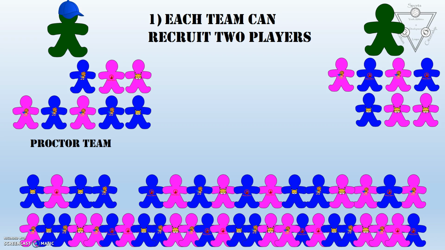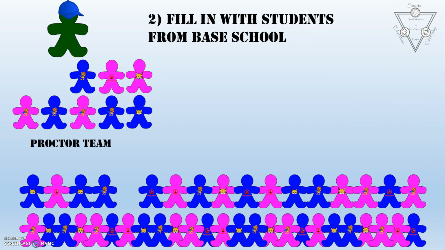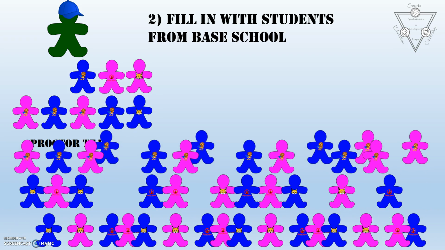After that, we move to step 2, which is filling in from your home school. That's why we look for a majority. So in this case, Coach Ballcap's team has a majority of Proctor players. So of all the individual people who sign up, we pull all the Proctor people out, and we use these people to fill out those final 2 spots.